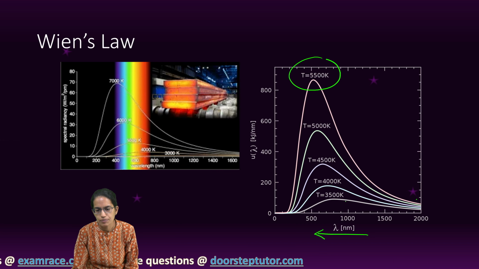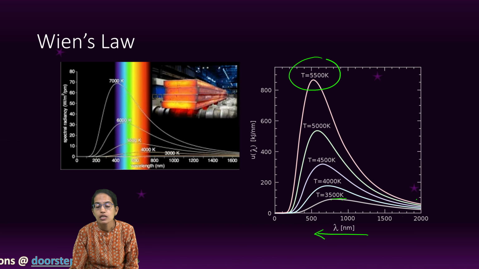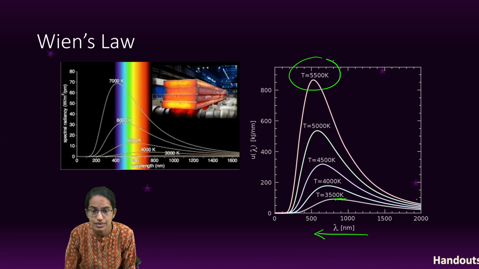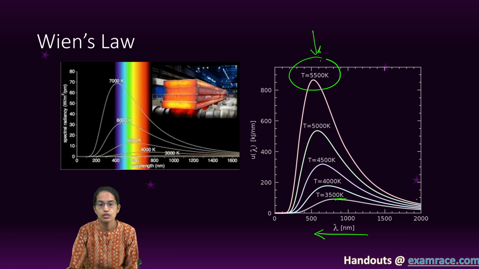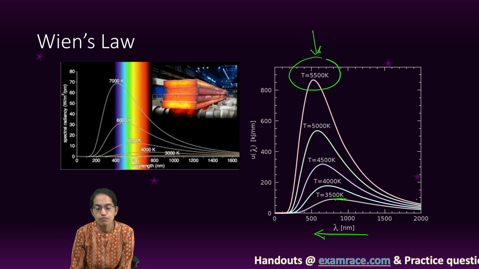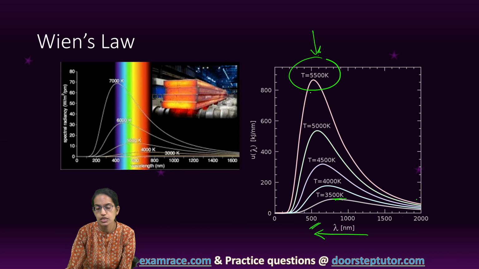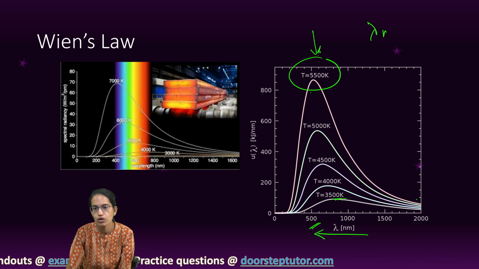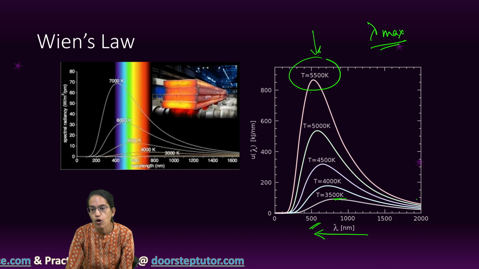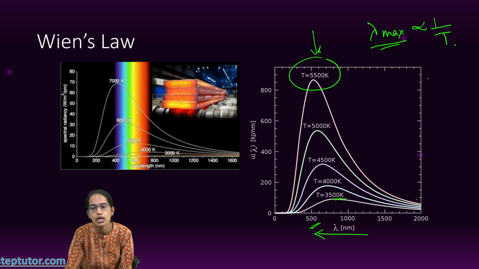When the wavelength was higher, the temperature was relatively less, but as the peak of the emission wavelength reduces, we would see that the temperature rises, and therefore we say that the peak of the emission wavelength is inverse to the temperature.